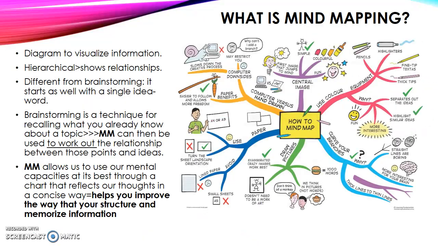So, what is mind mapping? As you can see on the right, it's basically a diagram to visualize information. It works in a hierarchical way from a central main idea, concept, or a single word, and it shows its relationships.